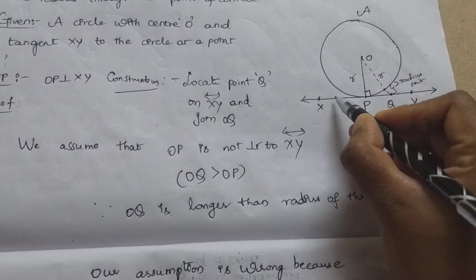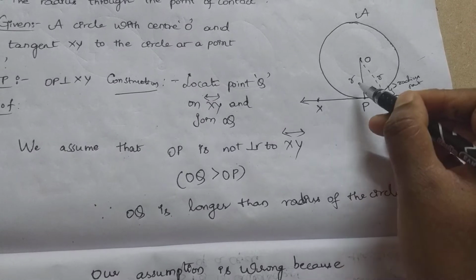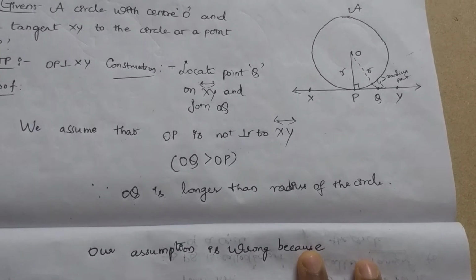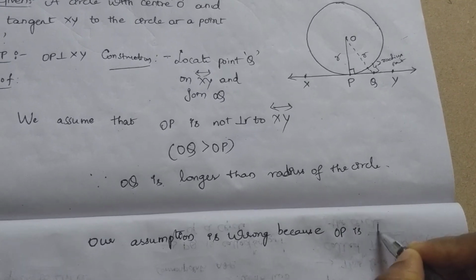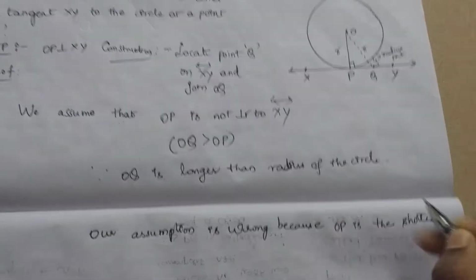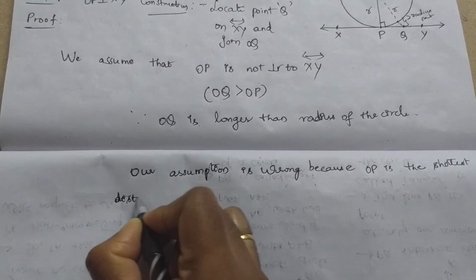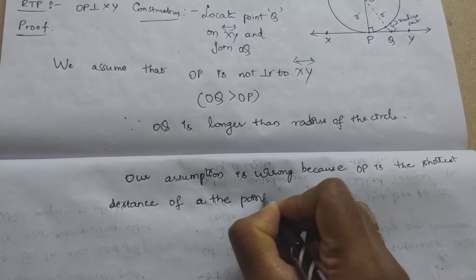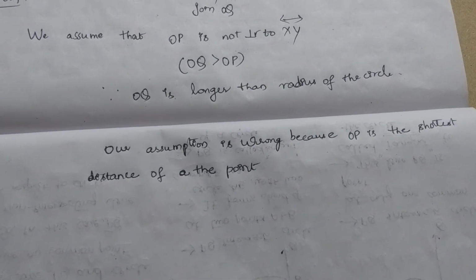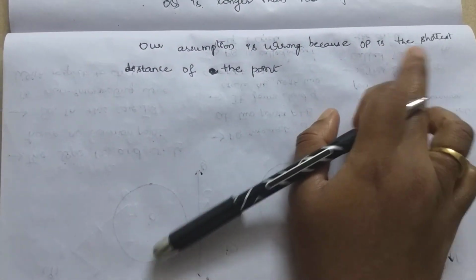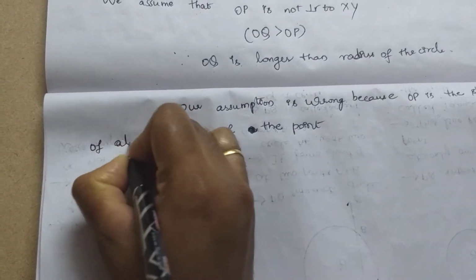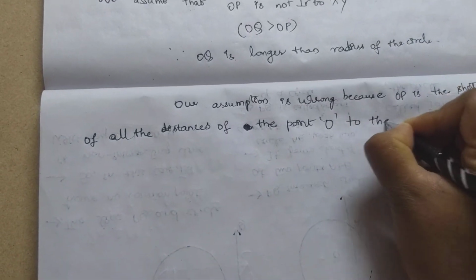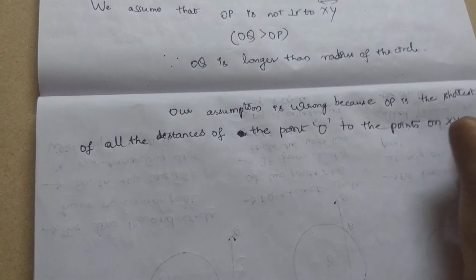When you take any number of points on the straight line and draw the lines from the center O, that is longer when compared to the distance between O and P. Right here, because OP is the shortest distance of the point O. Here our assumption is wrong because OP is the shortest of all the distances of the point O to the points on the line XY.